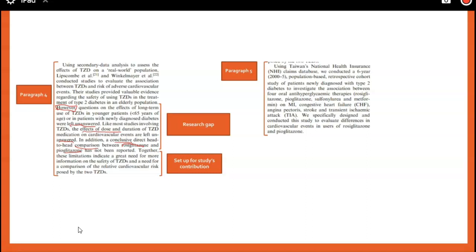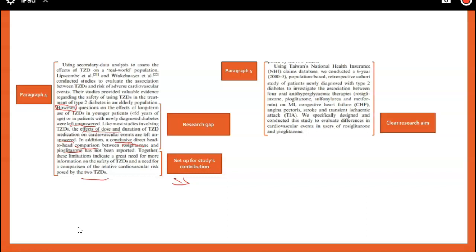And of course, this is exactly what these researchers are doing. And so then in the next paragraph, they're basically answering the question they're raising here, or they're telling us they're going to fill in this research gap that they've identified in this particular paragraph.